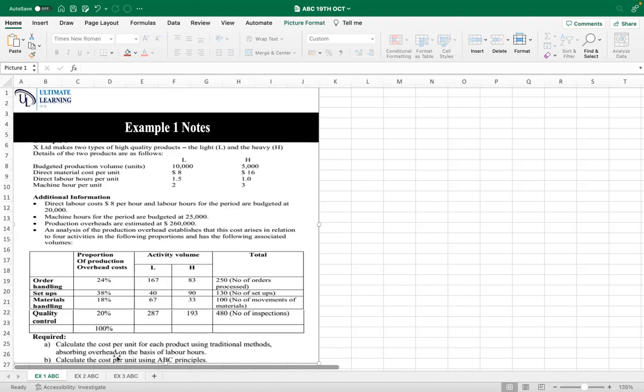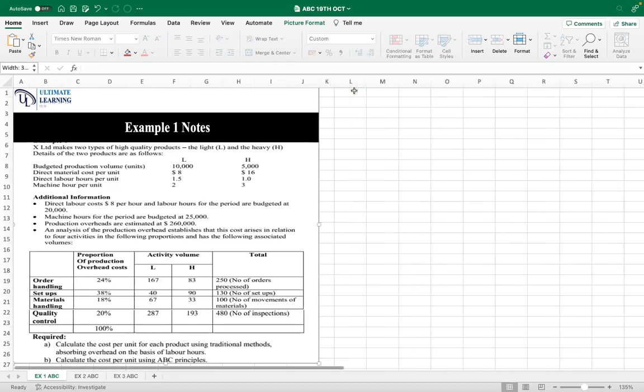And then required: calculate the cost per unit for each product using traditional methods of absorbing overheads on the basis of labor hours. So don't use machine hours, only use labor hours in part A. In other words, calculate the cost per unit using absorption costing. Part B of the question, calculate the cost per unit using ABC principle. So we will start with what you have been told to use first.